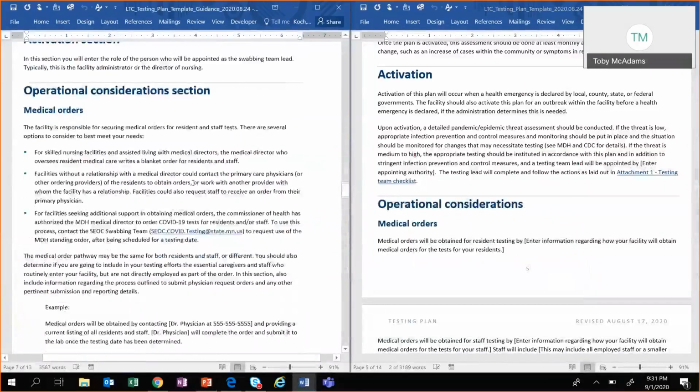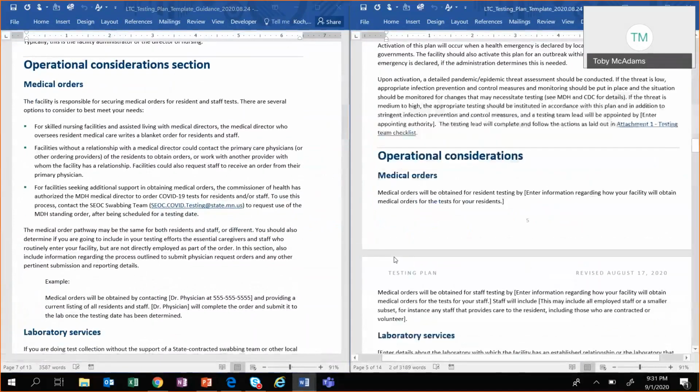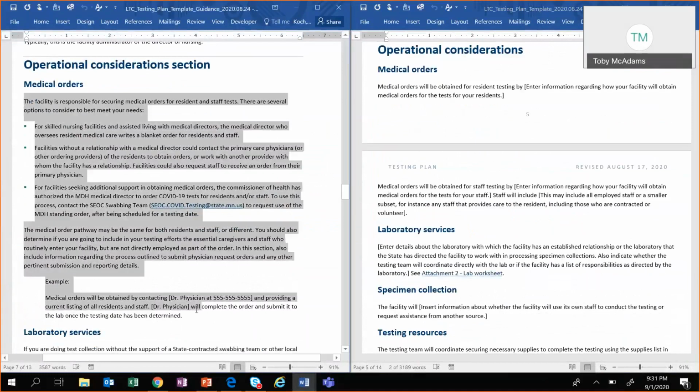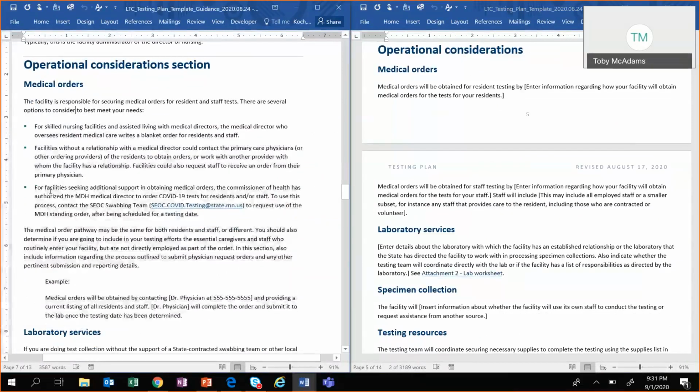Okay, so medical orders. So we gave those examples, and they're the same examples on your guidance document as well. So right here on the left-hand side, talking about within your facility, talking about a relationship locally or regionally.